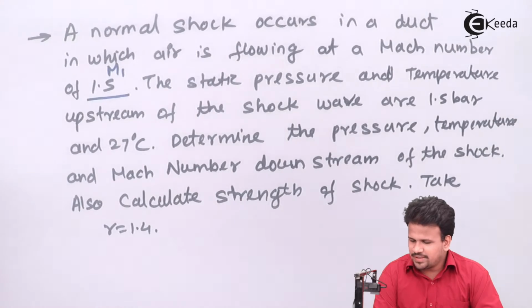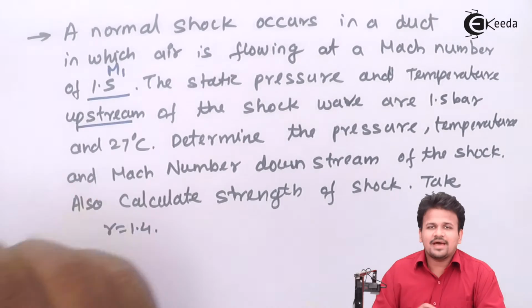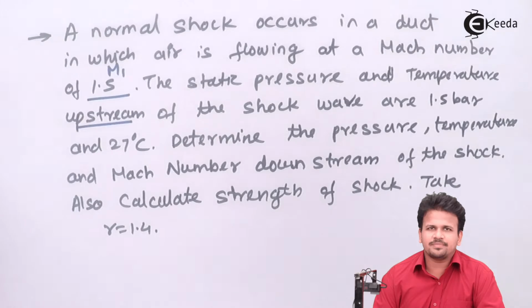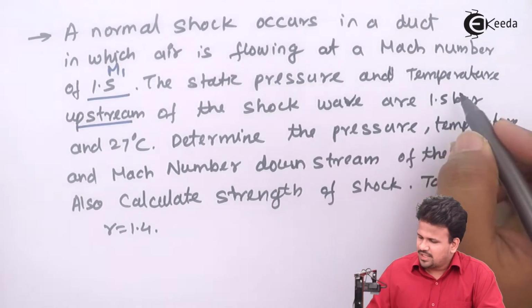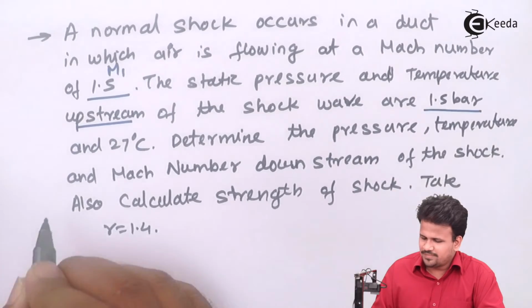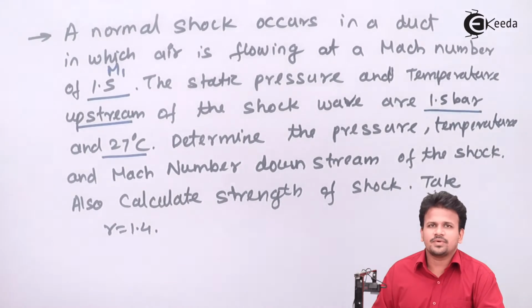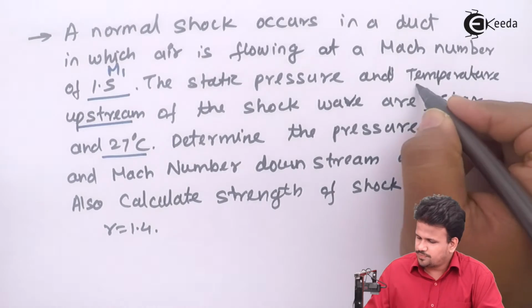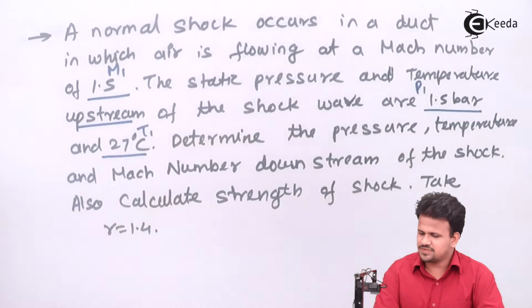The static pressure and temperature in the upstream, that means all the terms will have subscript 1, are pressure 1.5 bar and temperature 27 degrees Celsius. So P1 and T1 are specified.